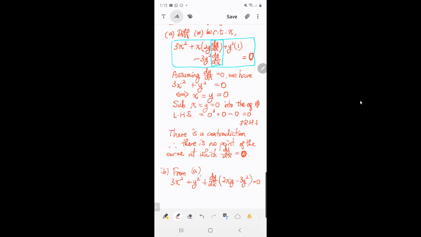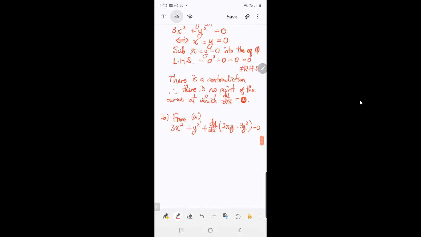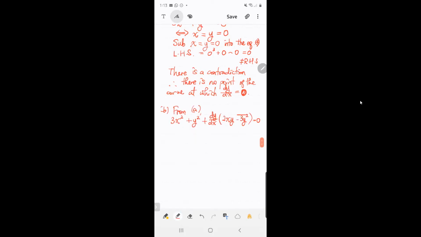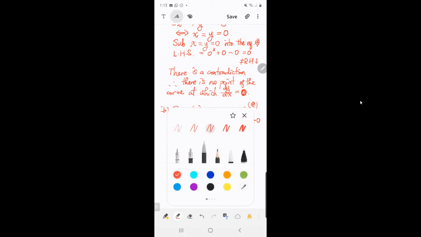And this is equal to 0. So now you differentiate this one. You call this equation hash. Only you say differentiate equation hash with respect to x. So you have the first term, 6x. Then you have the second term, 2y dy dx. Only this one in the cyan box is a bit challenging.